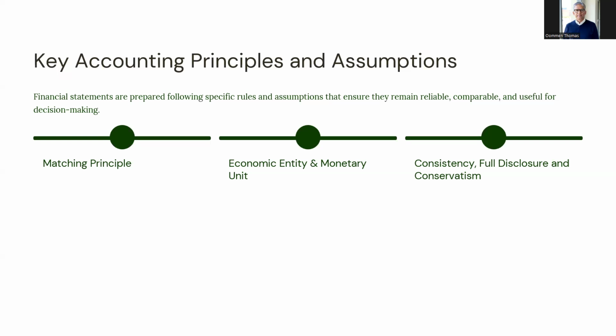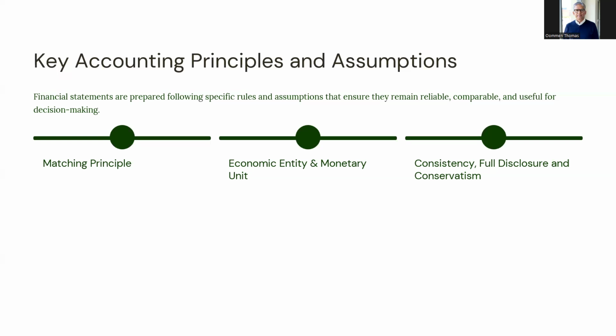The final principle that we list here relates to the accounting rule that when faced with uncertainty in reporting, when it's not clear what the right number should be in reporting a particular financial statement line item, accountants are required to choose the option that results in the least favorable outcome for the company.